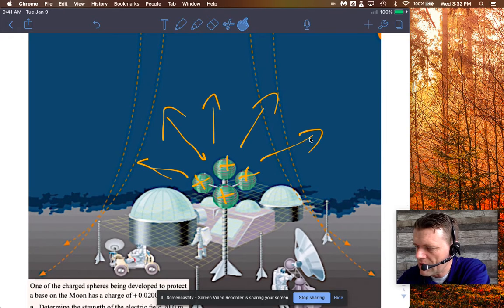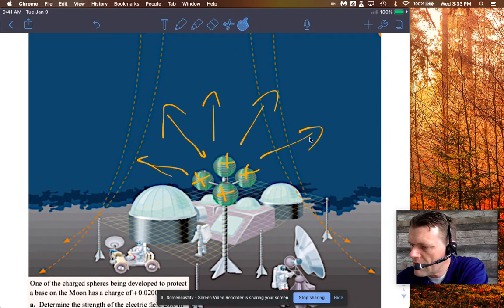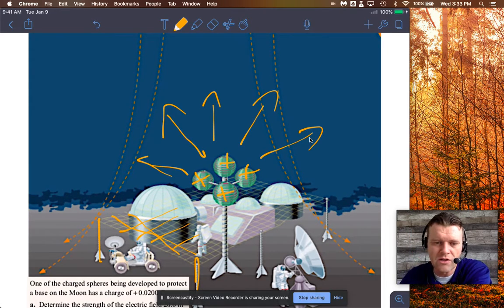You can see this grid underneath the spheres. This grid is actually connected to some metal rods, conducting rods, and they're jammed into the ground. That grid acts as a shield to protect anything underneath it from that electric field.